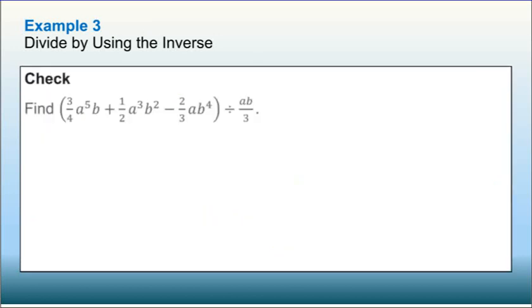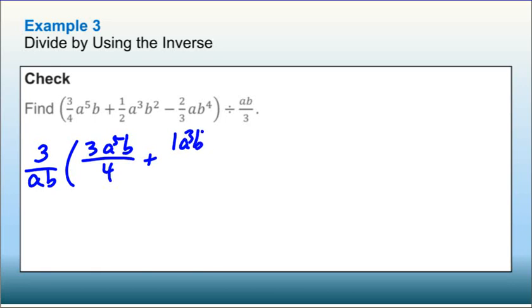And our final problem, multiply by the reciprocal, so this would be 3 over ab multiplied by 3a to the fifth b over 4 plus 1a cubed b squared over 2 minus 2ab to the fourth all over 3.